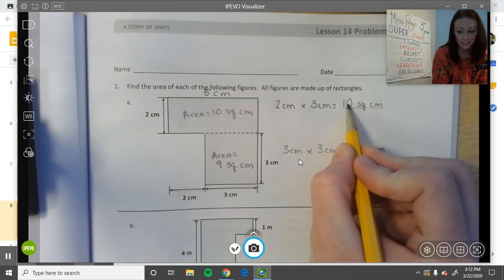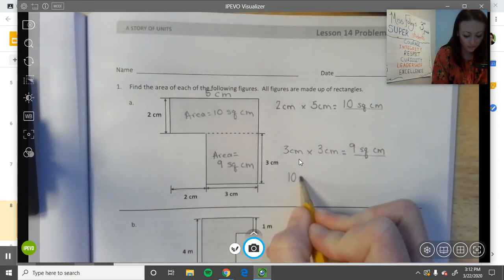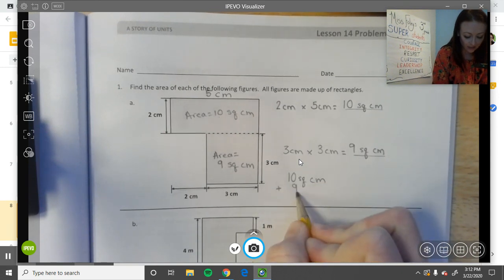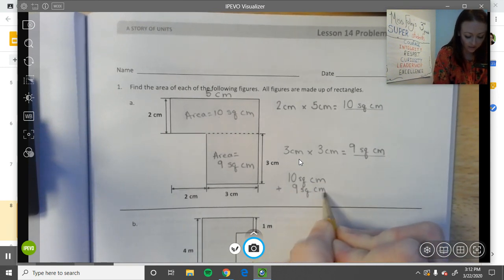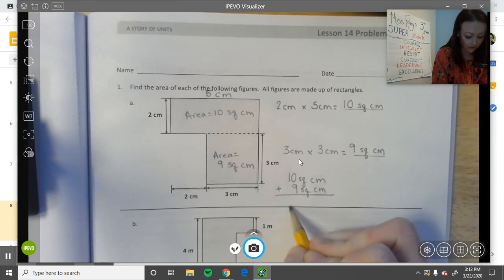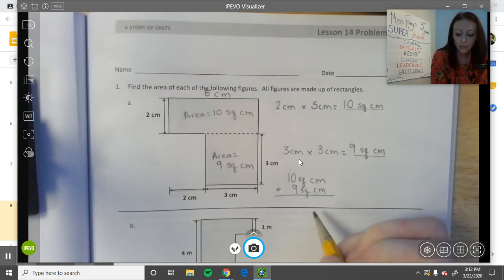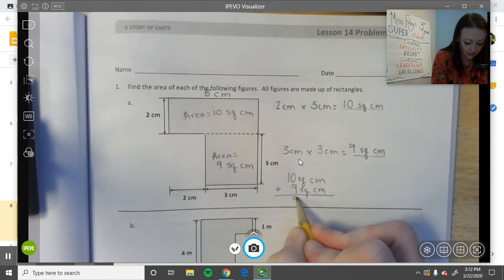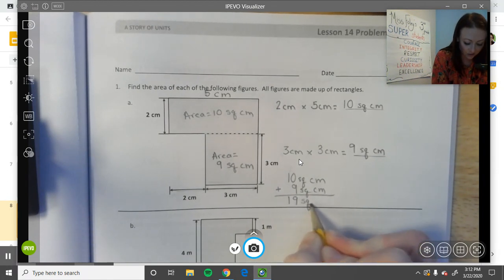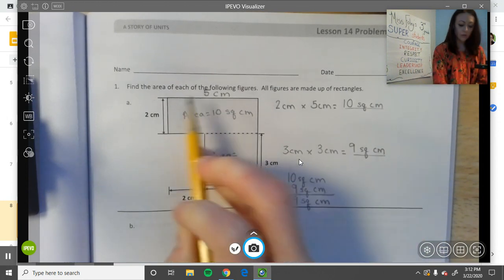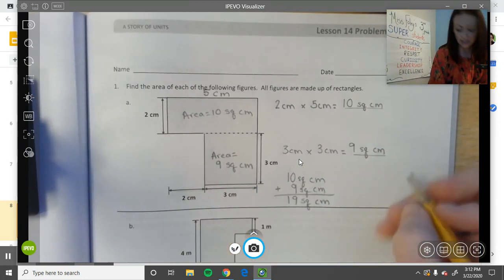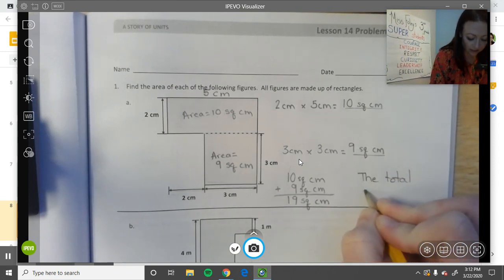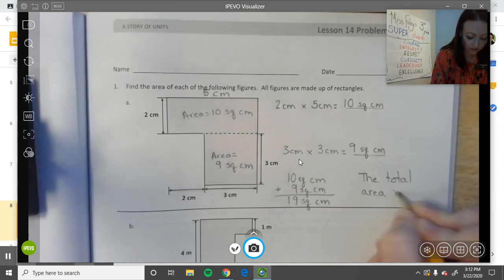I'm going to take 10 square centimeters and add to it 9 square centimeters, lining up my place value columns and my labels, and I get 10 plus 9 is 19 square centimeters. So that's what I know the total area is.